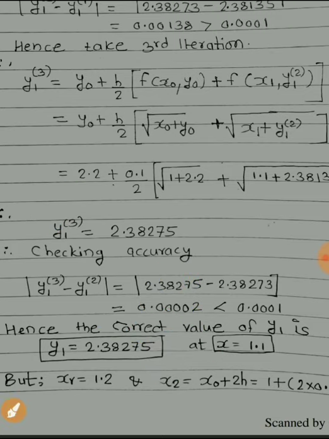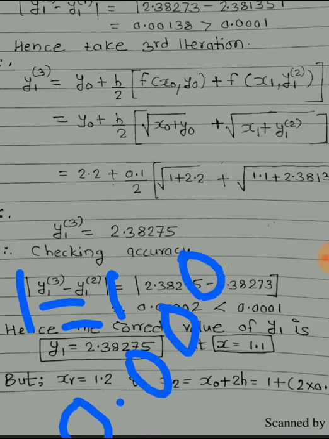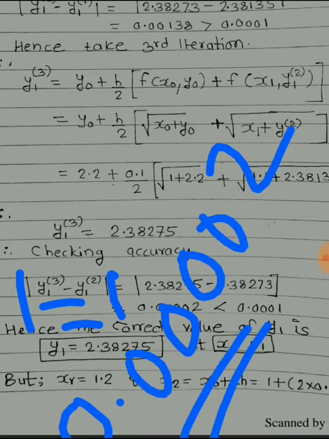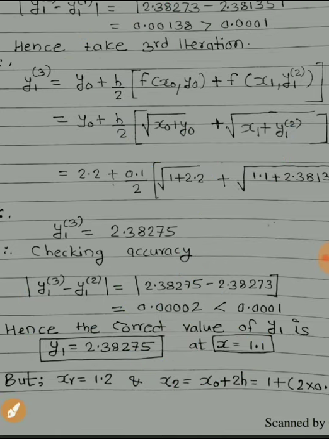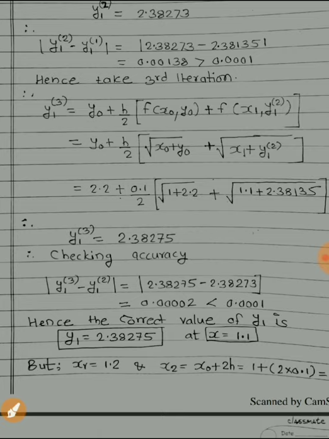If we consider that here, the magnitude of both values is taken, and if you check this difference, it is coming to be 0.00002, which is definitely less than 0.0001, which must be the accuracy that is mentioned in the problem.